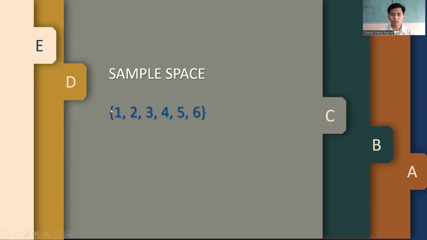But, of course, wag niyong kakalimutan, okay? Don't forget to use the braces when we are writing the sample space. We have braces, open braces, 1, 2, 3, 4, 5, 6, and close braces.